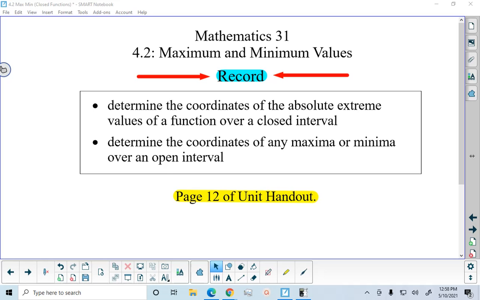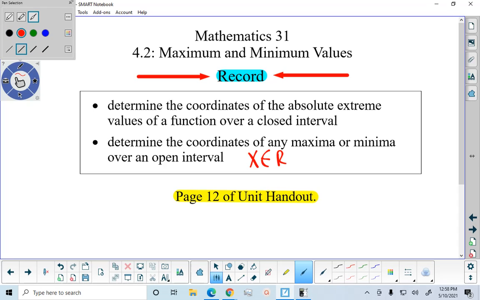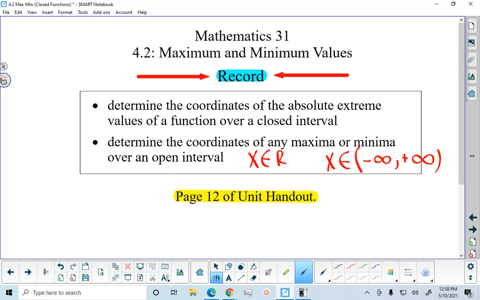Well, if I have a function and I tell you it's defined everywhere from negative infinity to infinity, then that's considered an open interval. X is an element of real numbers, or X is an element of negative infinity to infinity. If I tell you, however, and it doesn't matter why this is the case, that a function is defined only over a closed interval, I'm telling you it's defined from some value of x to some other value of x.